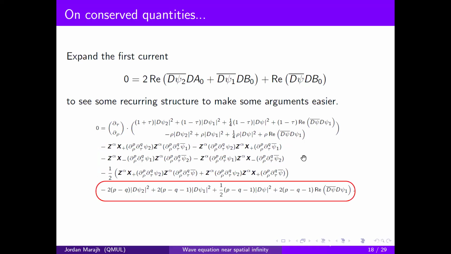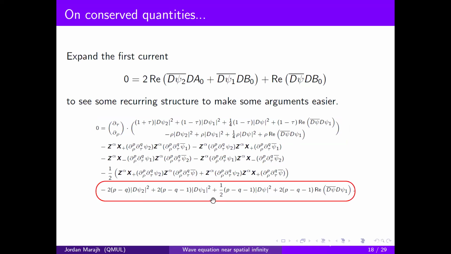And then these last parts here, these will produce bulk terms, and this is where you'll have some kind of estimate saying that I want my bulk terms to be controlled in terms of the initial data, so terms coming from here. And what that means is that I need these coefficients at the front to have the correct sign. So you would move them to the other side, and you would hope they have the correct sign to tell you something about the control of these components in terms of the initial data, but they have to have good sign.